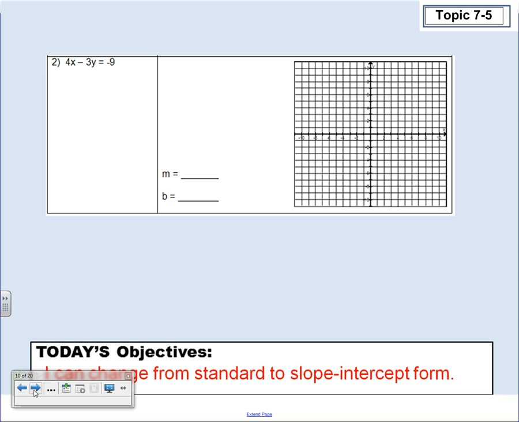Example 2. Again, we're going to start with 4x minus 3y equals -9. Draw a line, box the y. Okay, next we'll write y equals blank x plus blank.